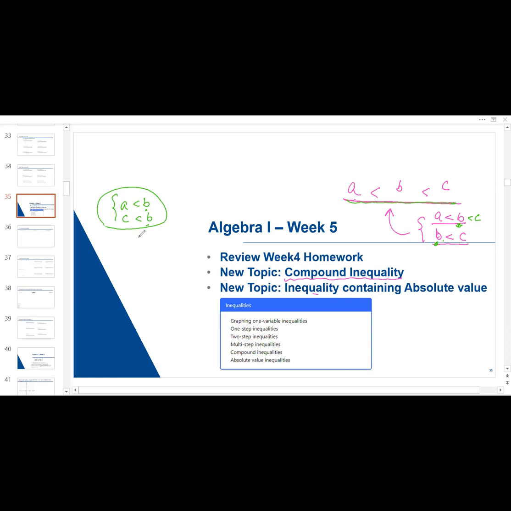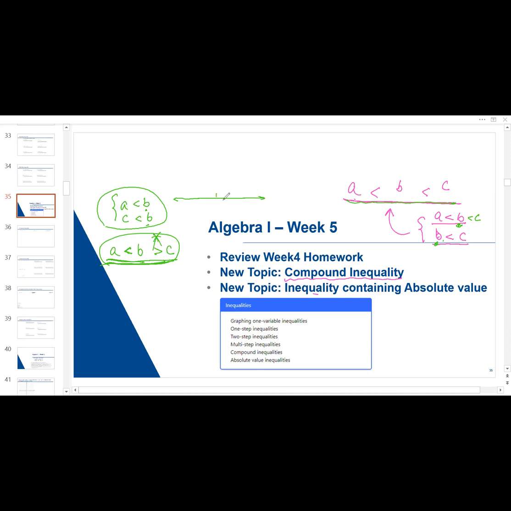But they cannot say B greater than A like this. We cannot write like this, because A less than B and C less than B. When you graph it, you can notice what's going on here.